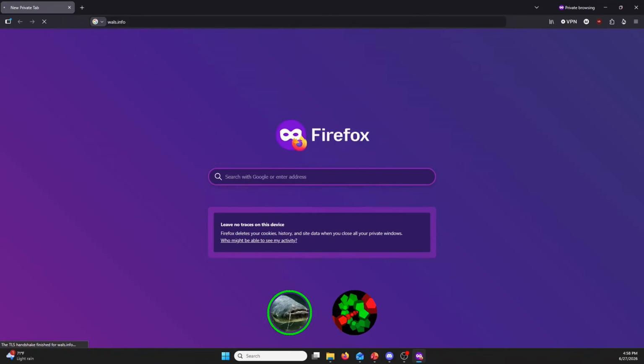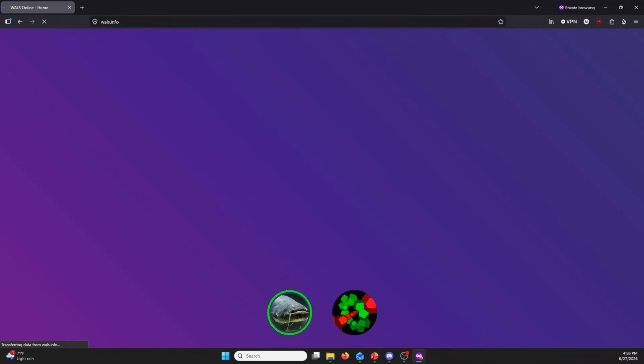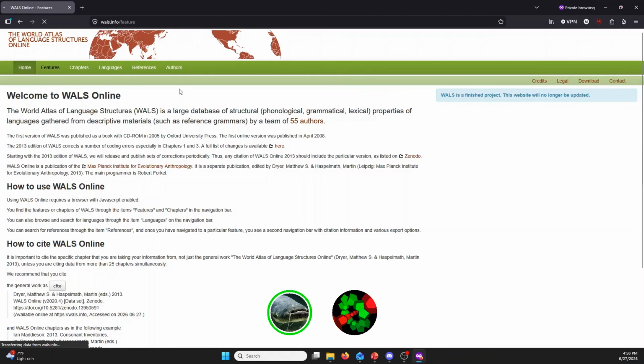This is WALS. There's a couple of websites like it, but yes, WALS. There's also Grambank, but Grambank is a little more clunky. This is the World Atlas of Linguistic Structures Online, and what these authors did is they went through all of these different categories.